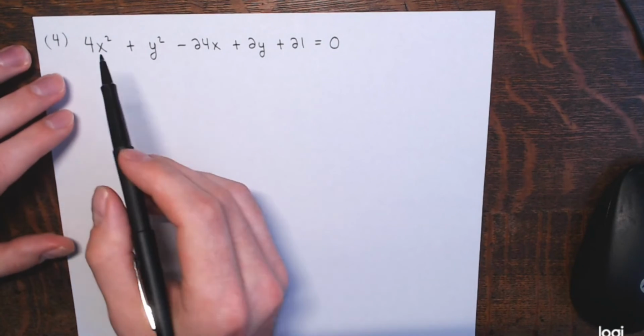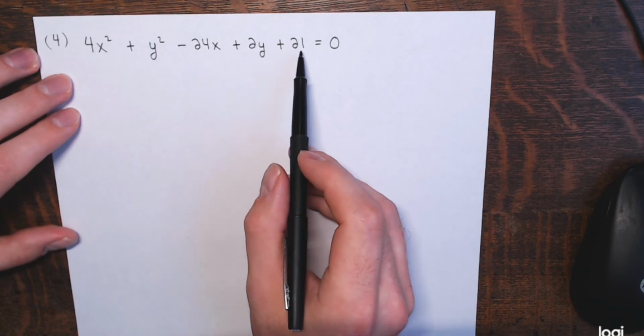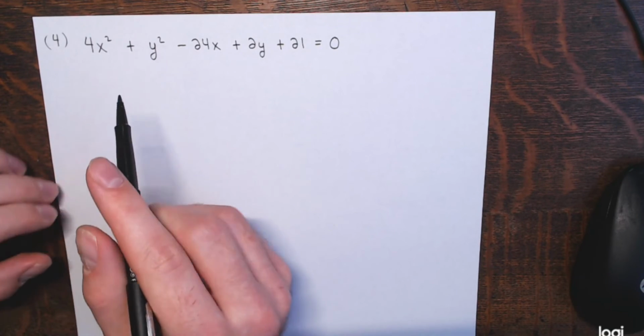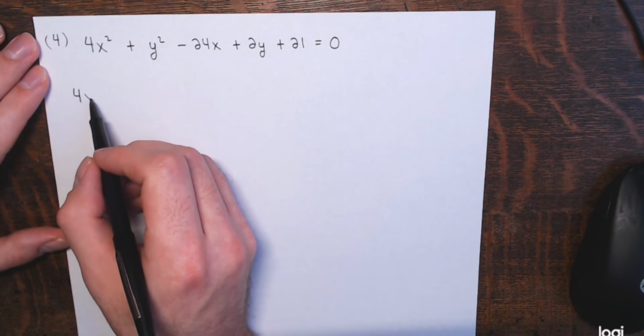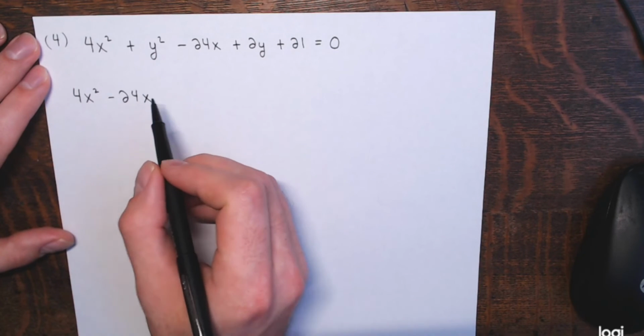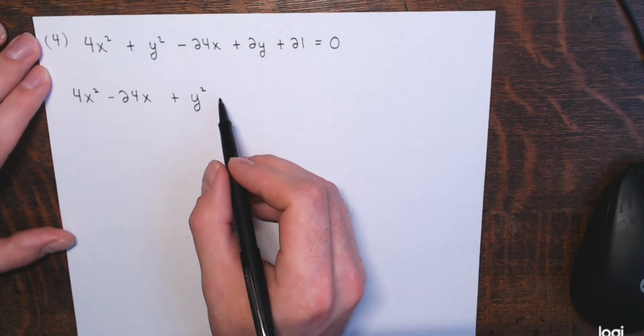So here: 4x squared plus y squared minus 24x plus 2y plus 21 equals 0, another equation of an ellipse. So I group the x terms together, 4x squared minus 24x, plus the y terms, y squared plus 2y.